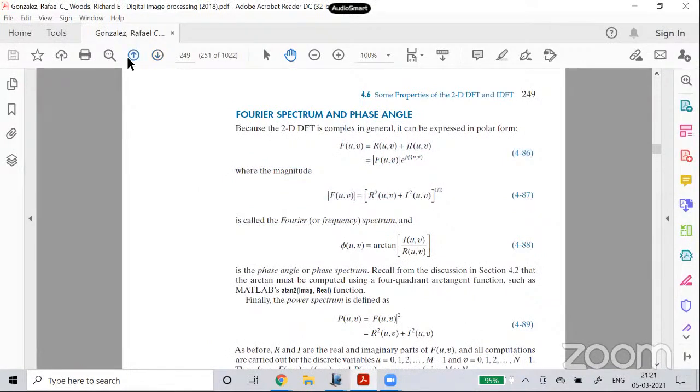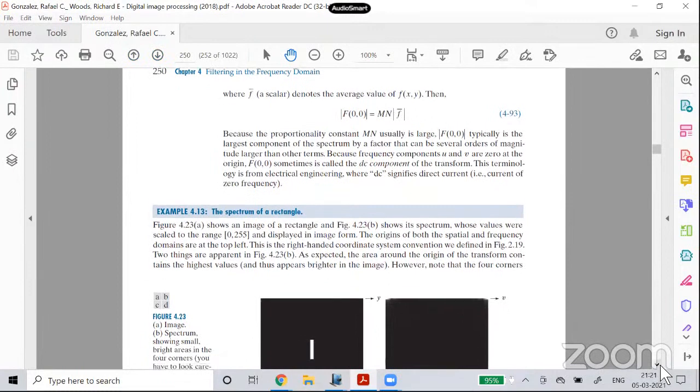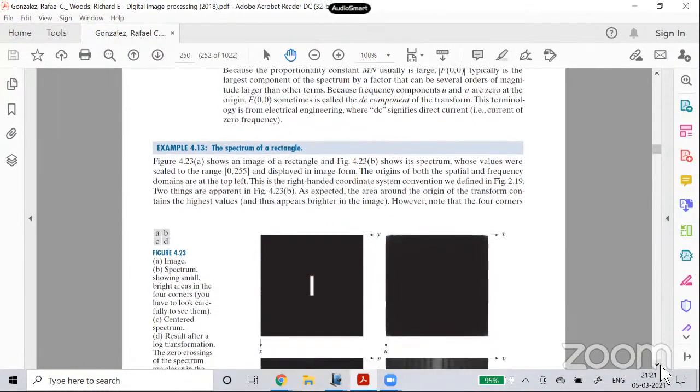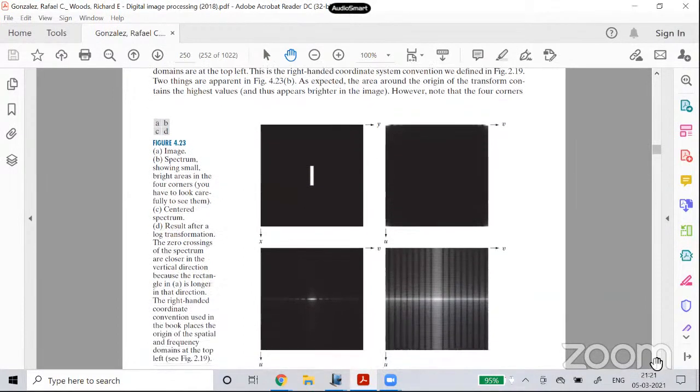Page 250 here. So here they have computed the spectrum of a rectangle. This is the original image, and this is its spectrum. You don't see anything here really, because the thing to observe is happening at the corners up here.